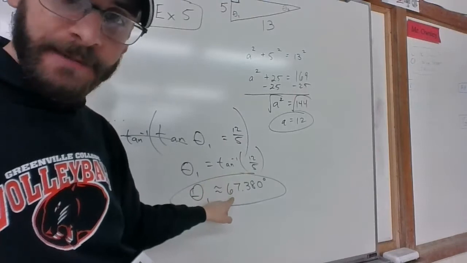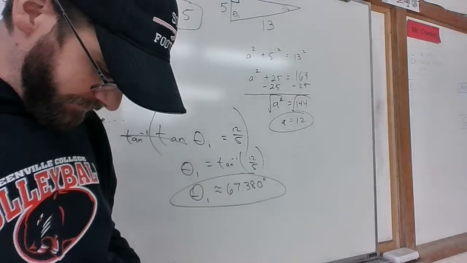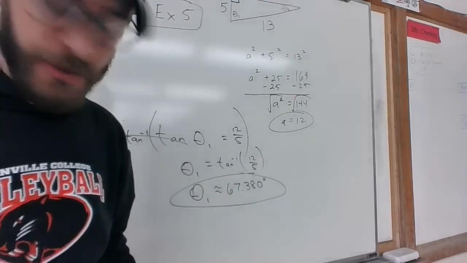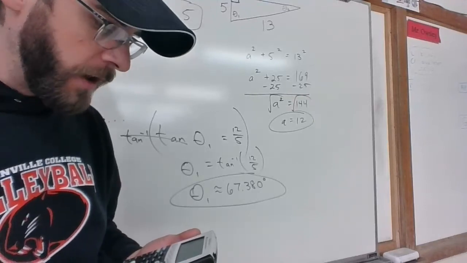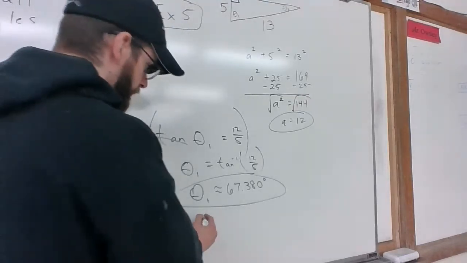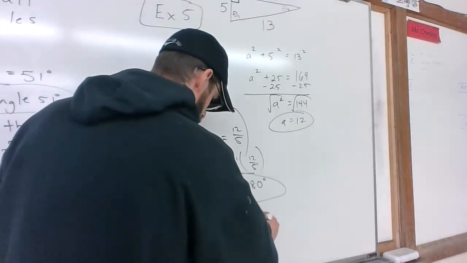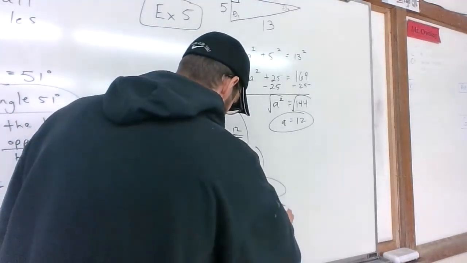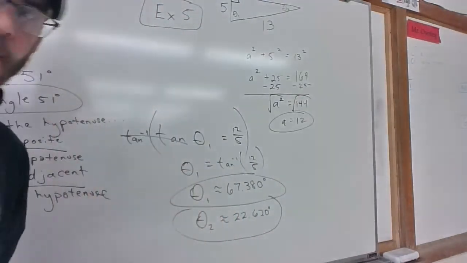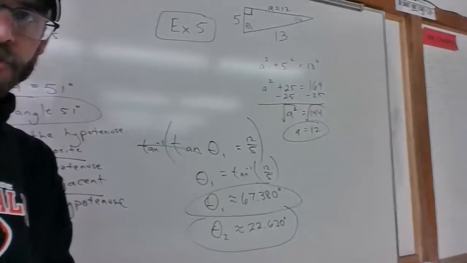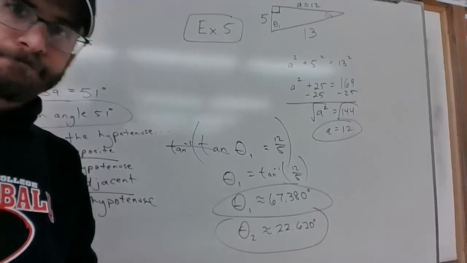So take 90 minus that. I've got theta 2. It's 22.620 degrees. And you're done. I've got the 2 unknown angles and the 1 unknown side.